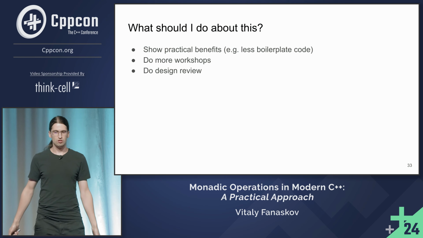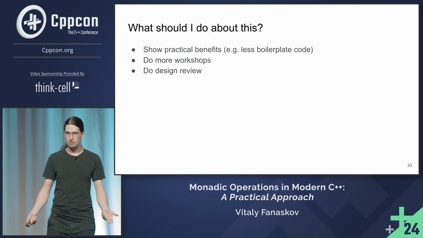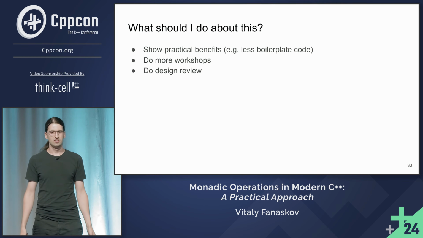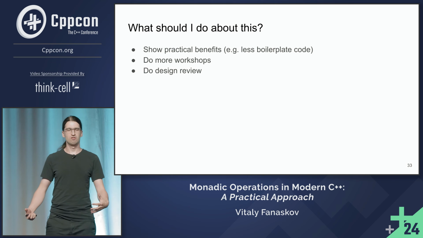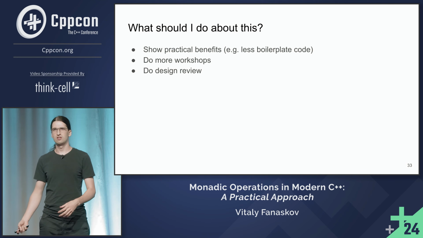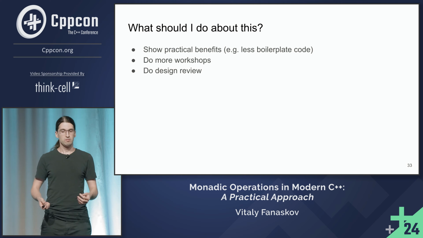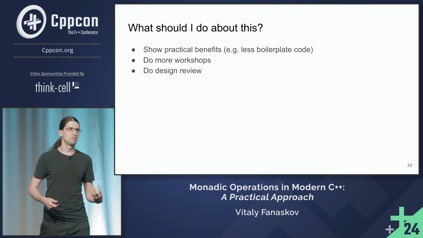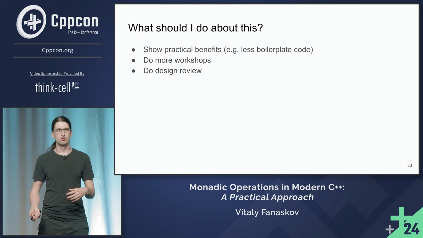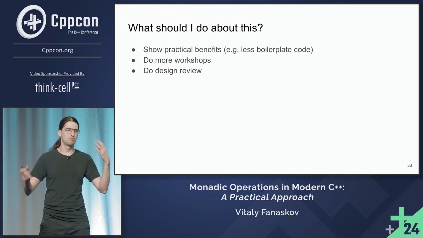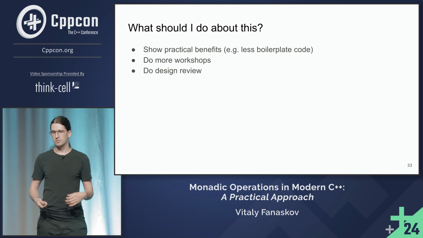What you need to do is show practical benefits of this. Say, you can create less boilerplate code, you can make your code more performant, with of course all measurements taken, and you can make it more safe, in terms of more predictable, more deterministic in comparison to exceptions thrown from random parts of your program and whatnot.